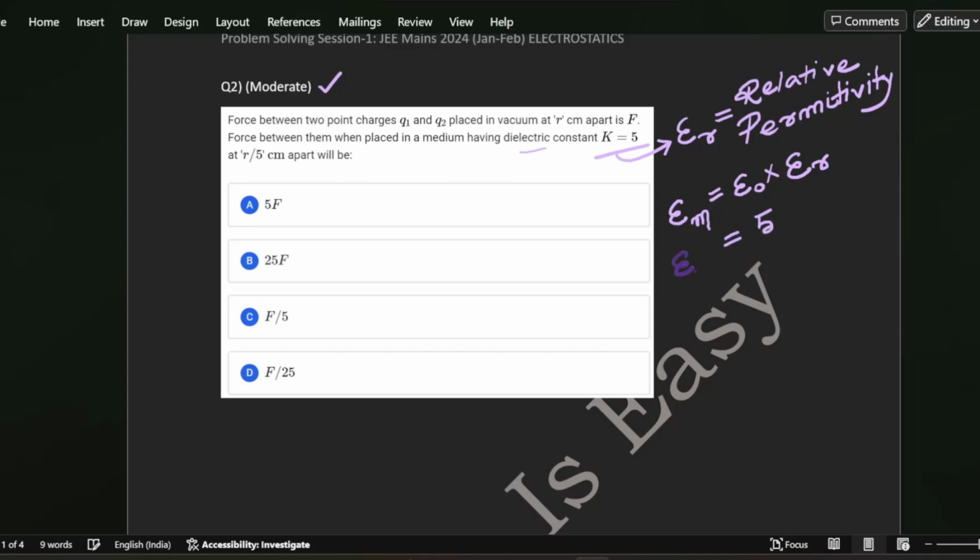So epsilon m for this particular medium becomes 5 times epsilon naught, and we have been asked to find the force between the same two charges in the dielectric medium, and this time the two charges, which were earlier separated by r centimeter, are now separated by r by 5 centimeter.